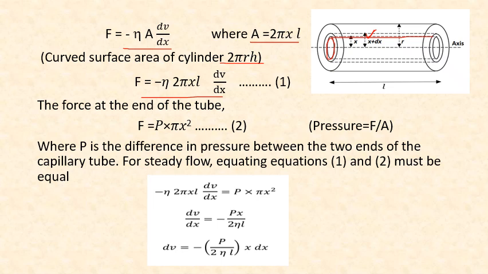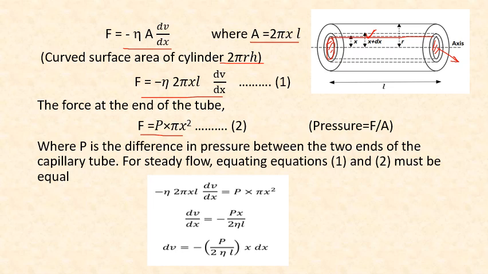Now the force at the end of the tube, consider this is the end of the tube. The force with which the liquid will come out depends on the pressure difference between the two ends. That force is given by P into pi x squared, because we know that pressure is force per unit area.